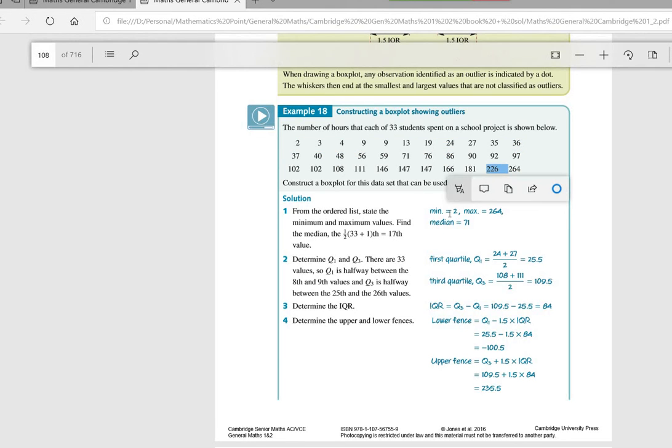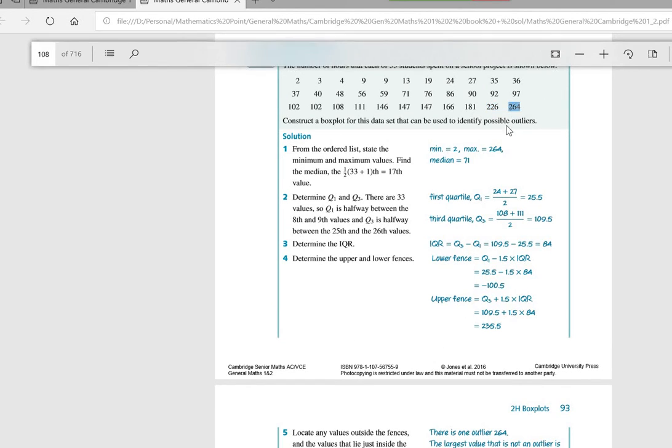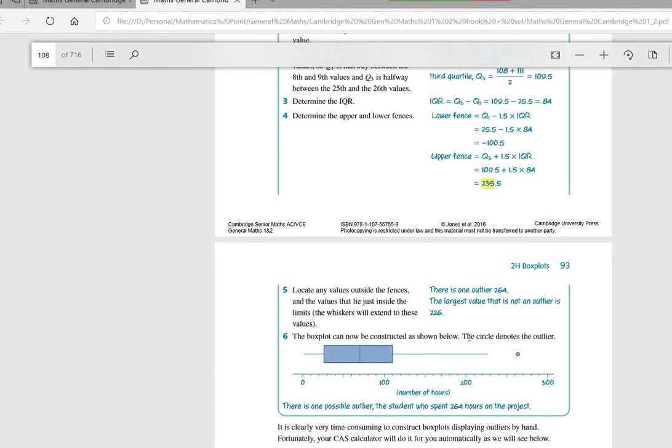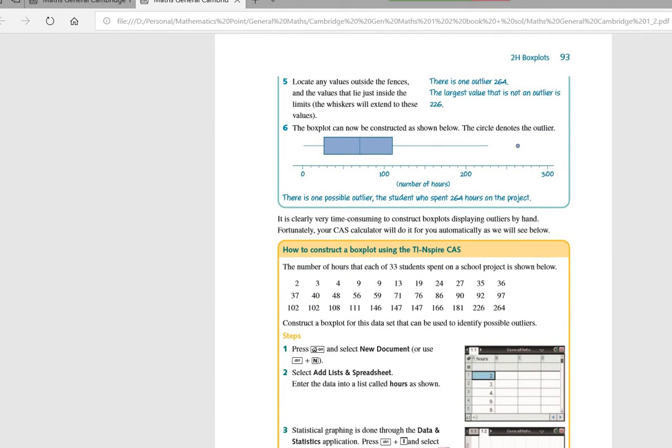So here we see 226 is not an outlier, but 264 is, because it is quite greater than 235.5, which is our upper fence. So that's why you see the outlier is shown to you.